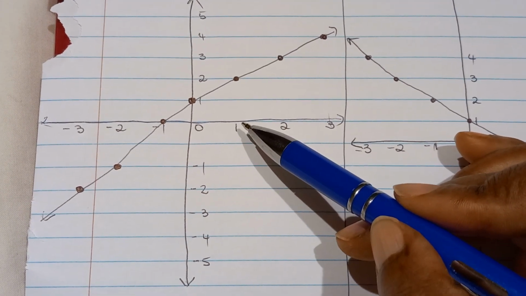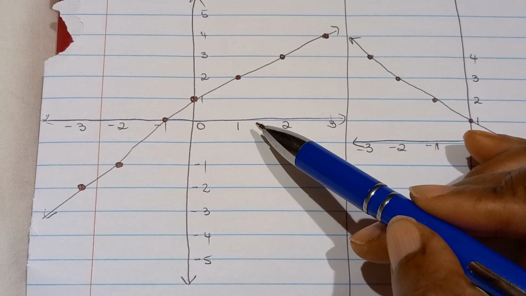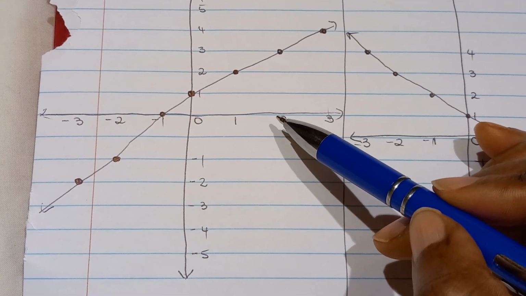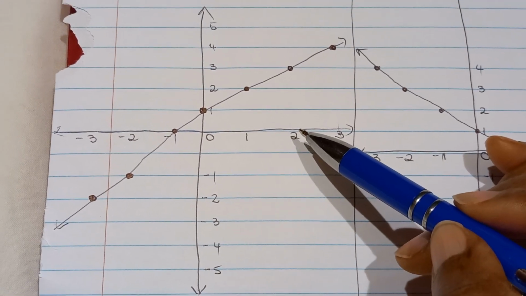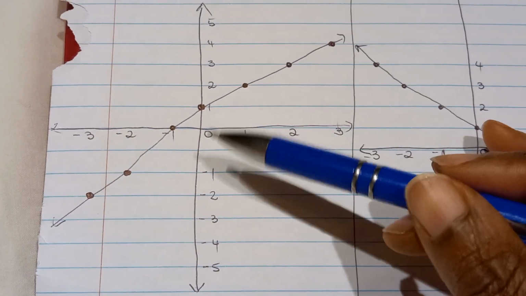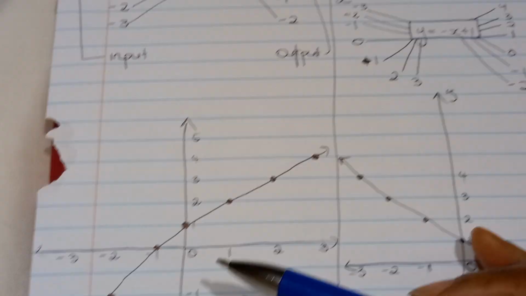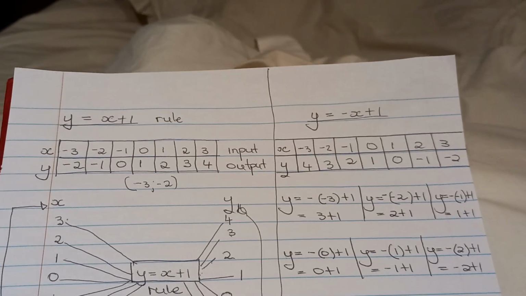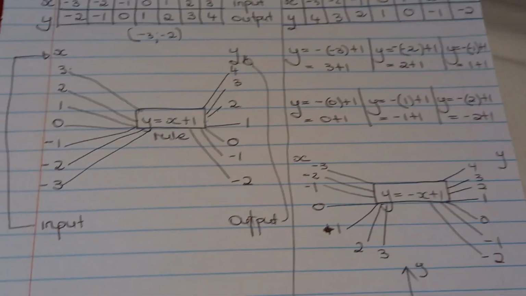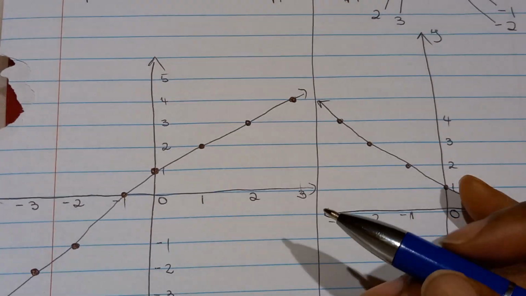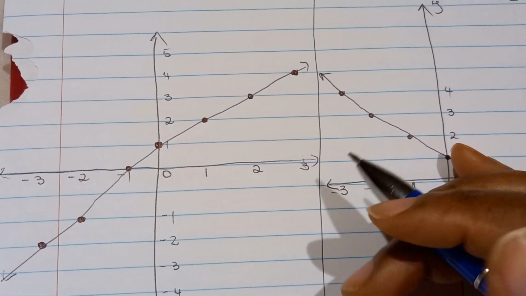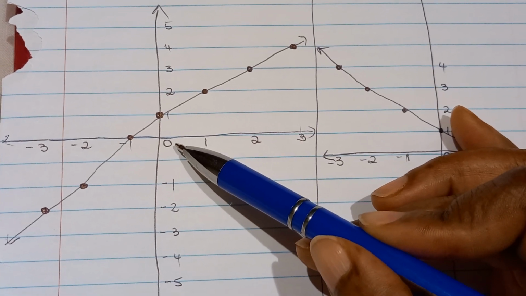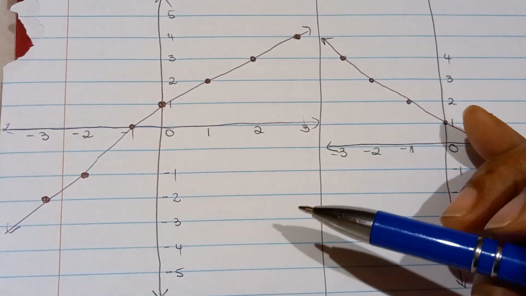It's 1.1, 1.2, 1.3, 1.4, 1.5, 1.6, 1.7, 1.8, 1.9, 2, 2.1. So you will not always get whole numbers like the coordinates above. Excuse me. You will also get fractions. So fractions are numbers between these numbers.